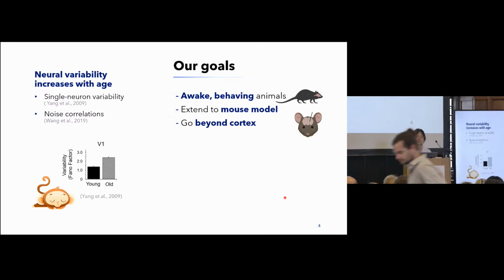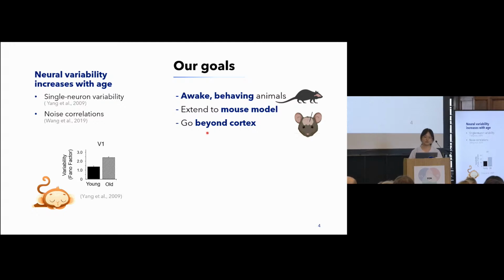So in our project, we want to explore neural variability in large-scale neural recordings from behaving mice. In this way, we can ultimately link the neural changes to behavior. Also, by using a mouse model, we can include more individuals in our analysis.